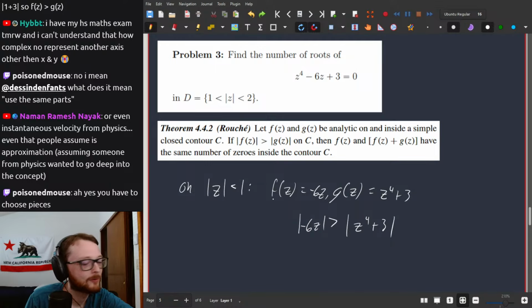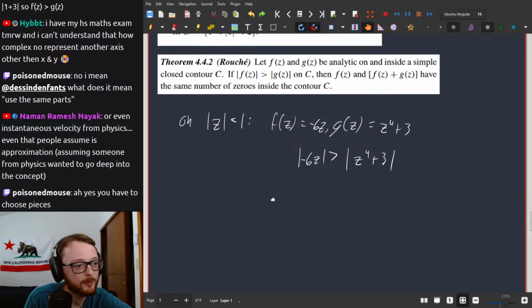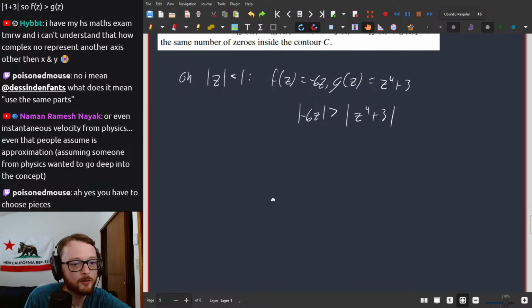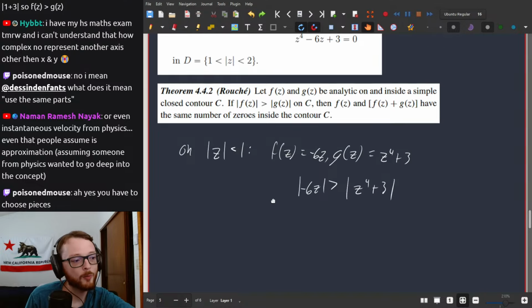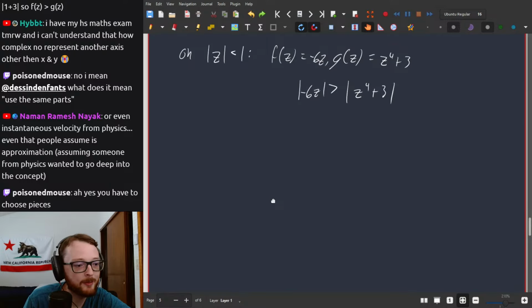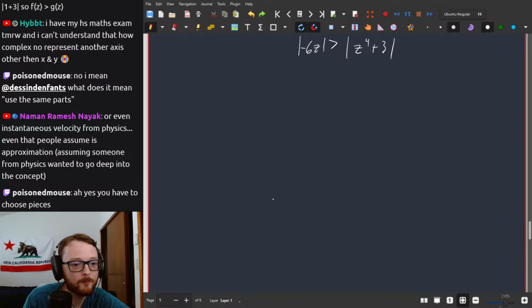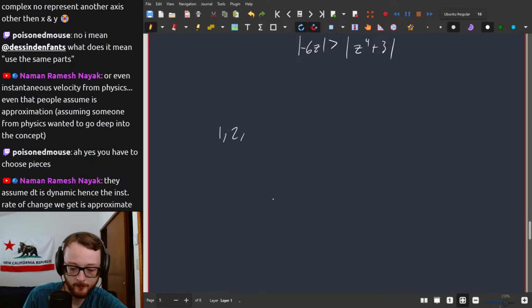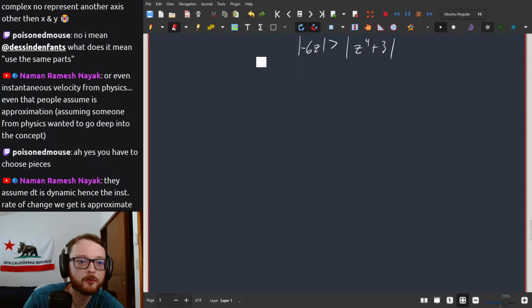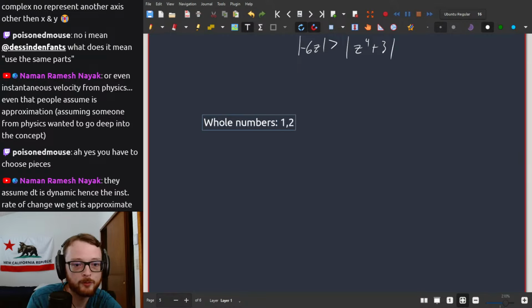Okay, so that's a good question. Complex numbers are just a new type of number. You probably at this point in math have learned about whole numbers, 1, 2, 3, and so on.